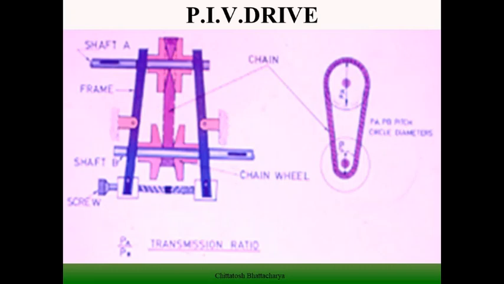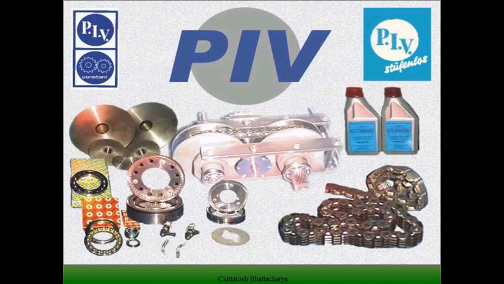These PIV chains are made of fine strips of metals which can steplessly change the speed with their adjustment to the bevel positions with respect to each other. So this way speed reduction takes place through the PIV, and from the PIV this connection is given to the motor.